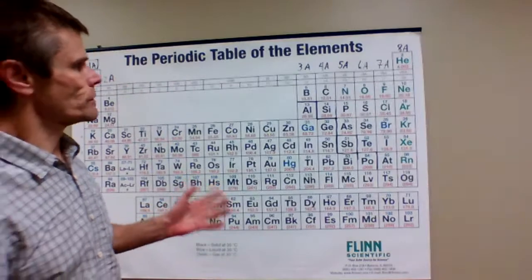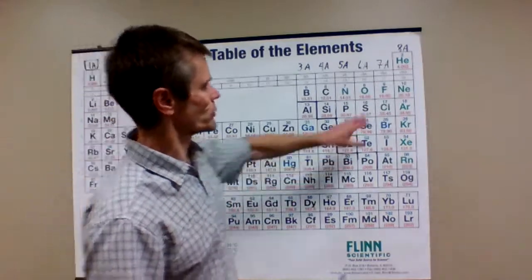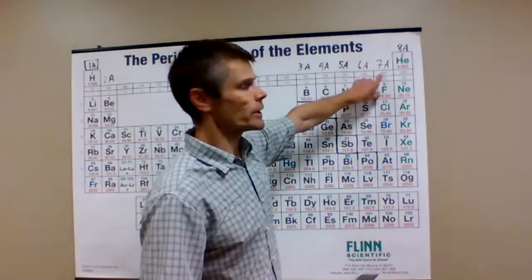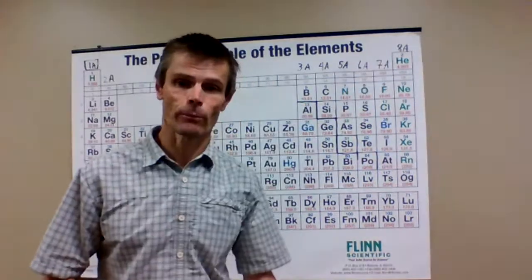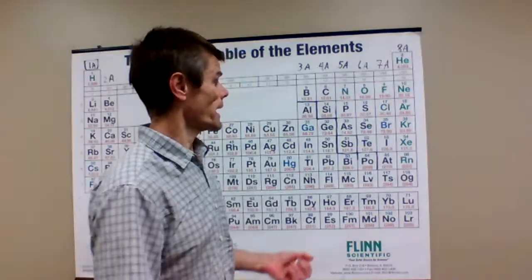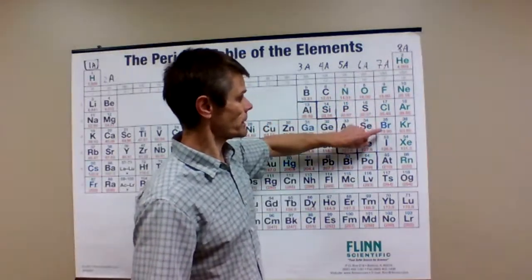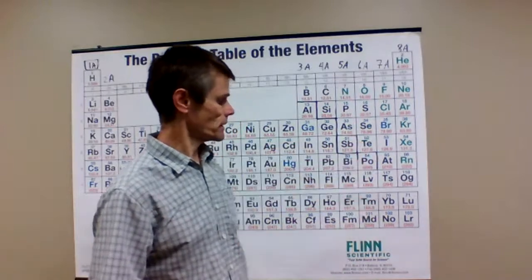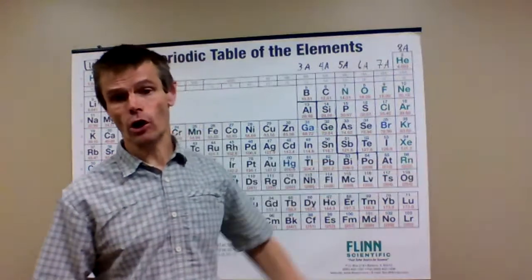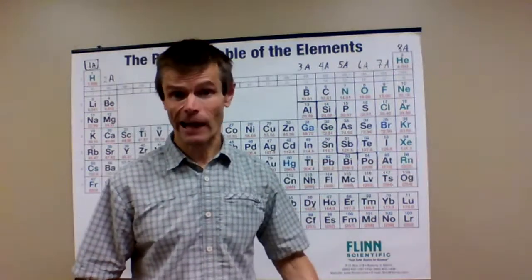We do have two other groups that I want you to know. Group 7A, down here on the other end of the periodic table, group 7A are called halogens. Halogens include fluorine, chlorine, bromine, iodine, astatine. Those are our halogens. Group 8A are called our noble or inert gases.